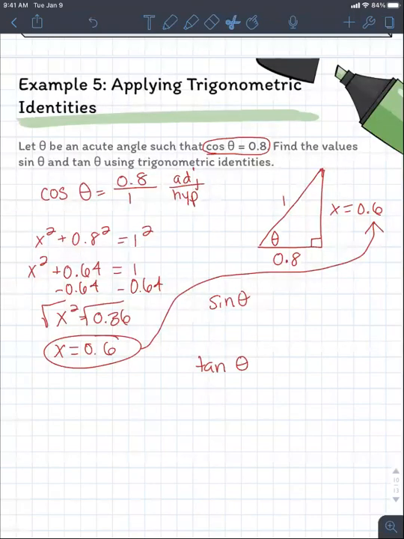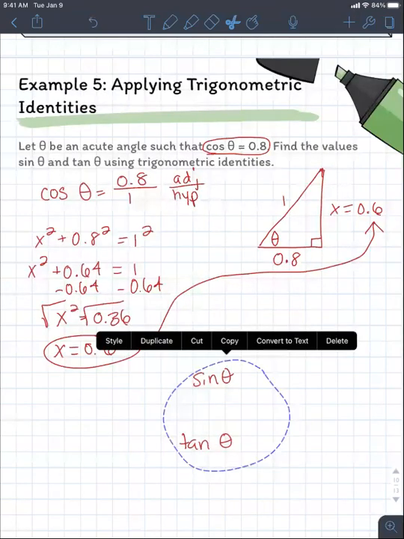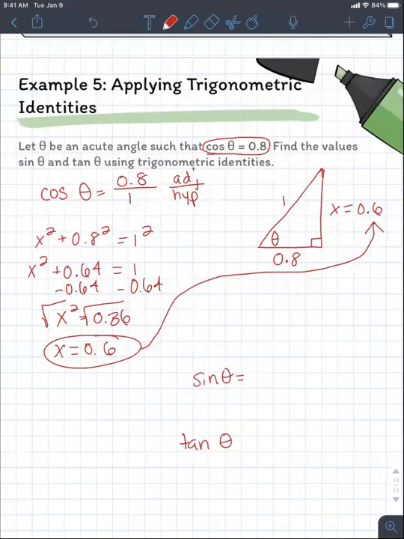Are you ready? No? Okay, I saw too many no's. If you are ready, go ahead and try to find sine and tangent. So remember, sine is opposite over hypotenuse, and tangent is opposite over adjacent. I'll give you one more minute. So at 2:23.